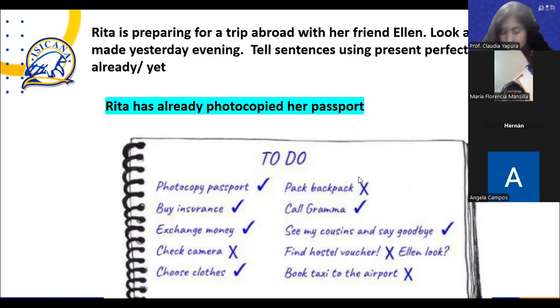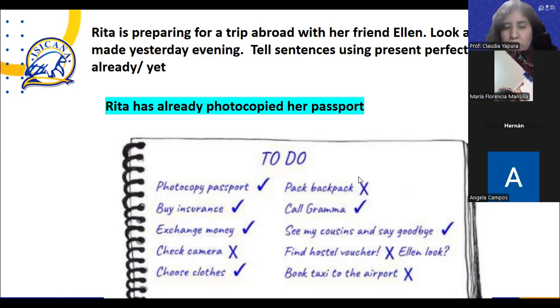Okay, Rita hasn't checked her camera yet. Okay, good. Maria Florencia, can you do choose clothes? Rita has already yet just closed. Okay, excuse me, wait a minute. Has already and yet? I don't know that use in this case.